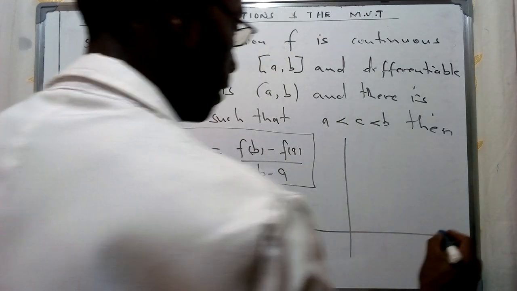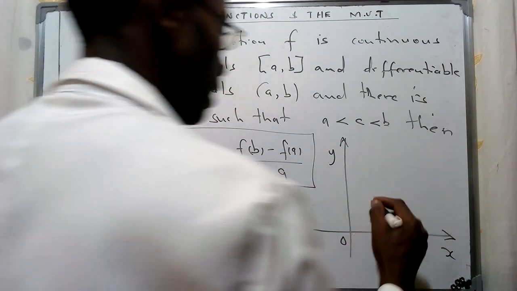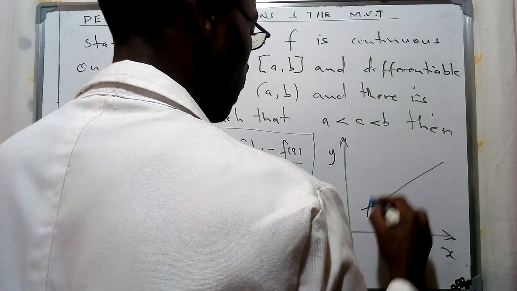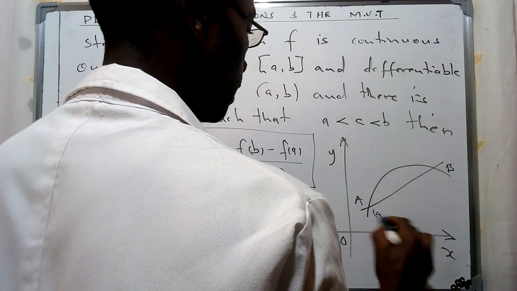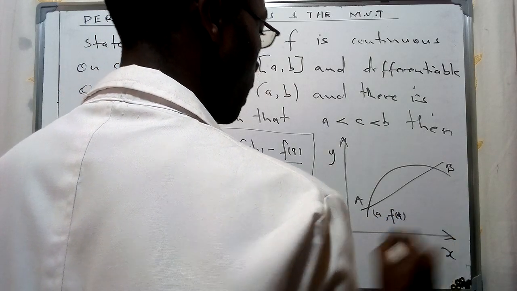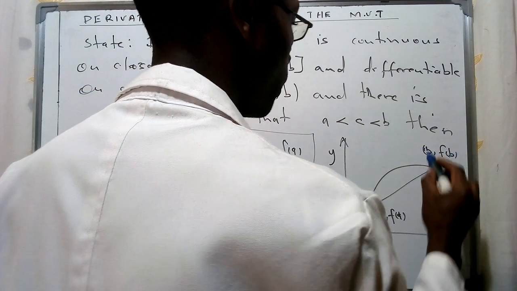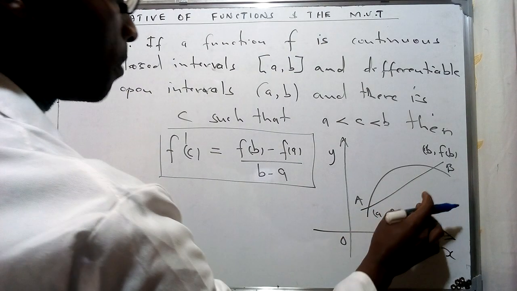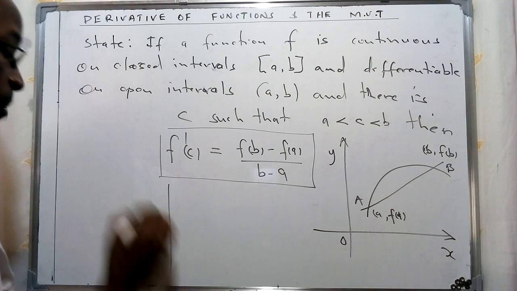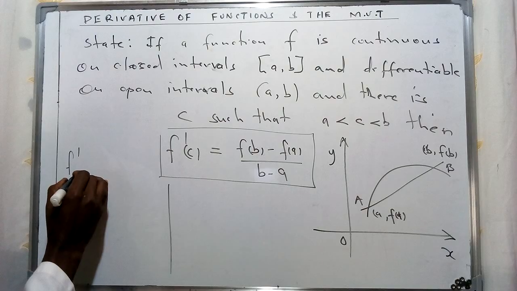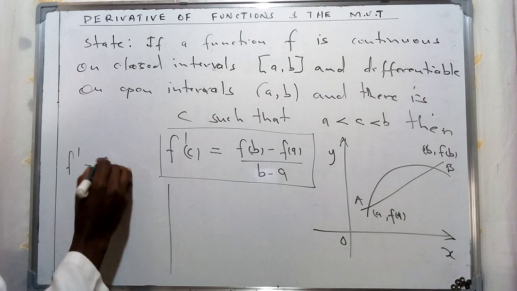If we have a function described on an x and y coordinate system, with the points a and f(a), and b and f(b) as the coordinates, we can find the derivative of this function between a and b, whereby we have f prime of the point c given in terms of f(b) minus f(a) over b minus a.